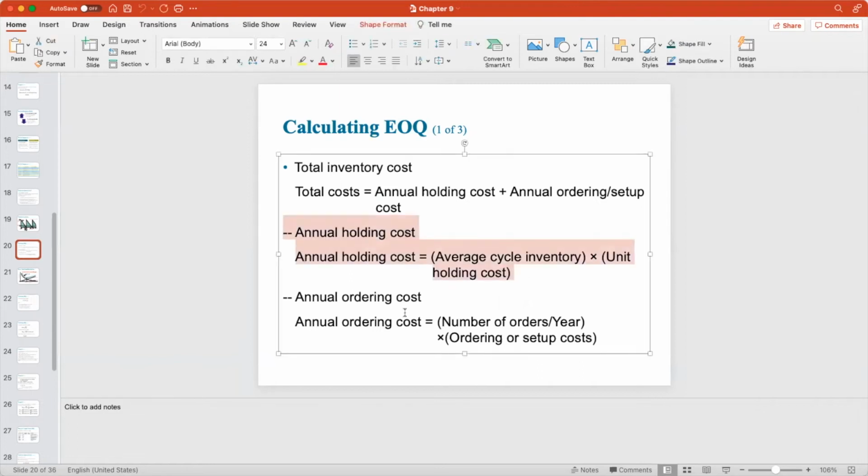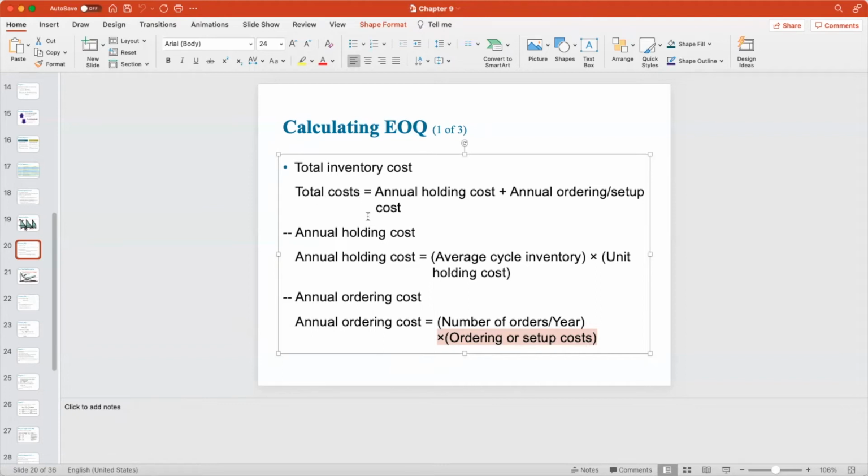On the other hand, the annual ordering cost equals the number of orders in this year times the ordering cost, which is also very straightforward. If we know that for every order we need to pay this amount, and we also know the number of orders in this year, multiplying these two gives us the total annual ordering cost.